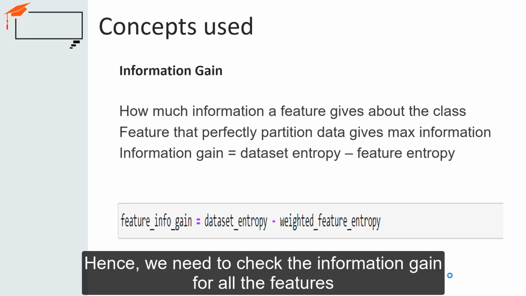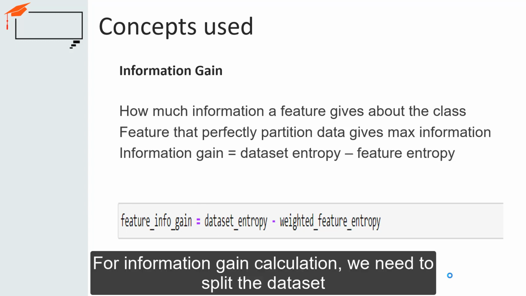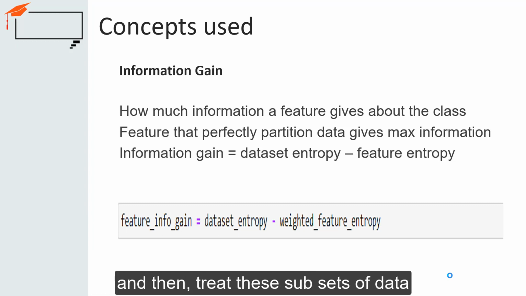Hence, we need to check the information gain for all the features in order to decide for a split at a given node. For information gain calculation, we need to split the dataset along the values of each feature and then treat these subsets of data as if they were original dataset.